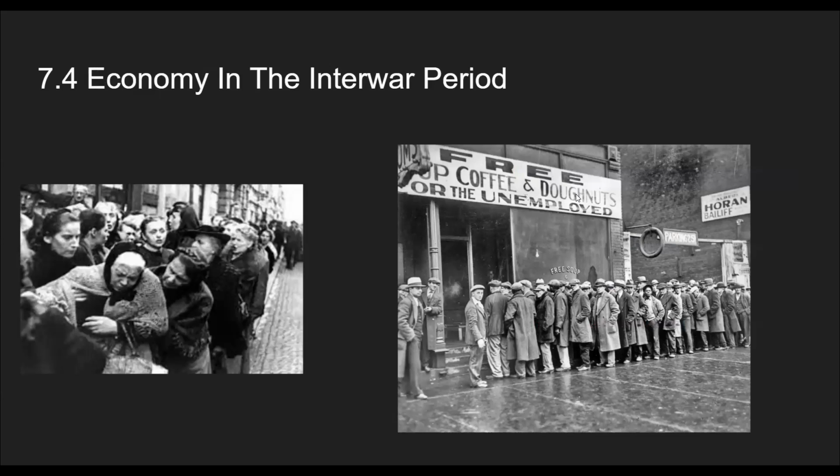So 7.4 is about the end of the war, when the Paris Peace Conference happened. That was with the United States, England, France, and Italy.